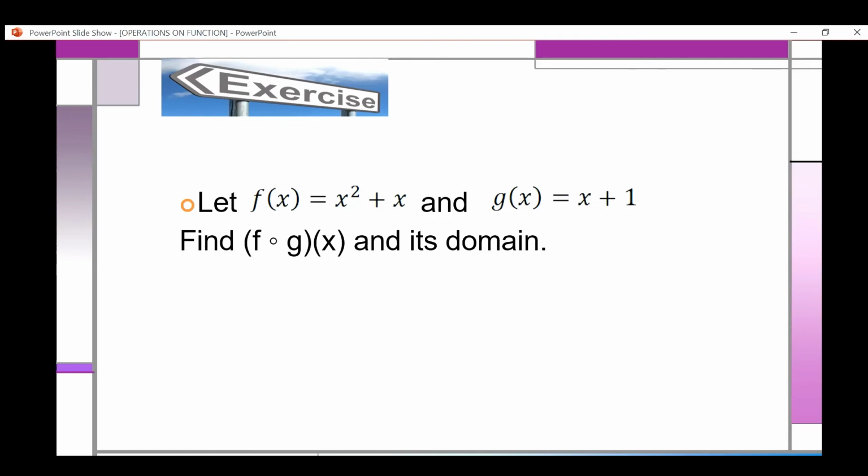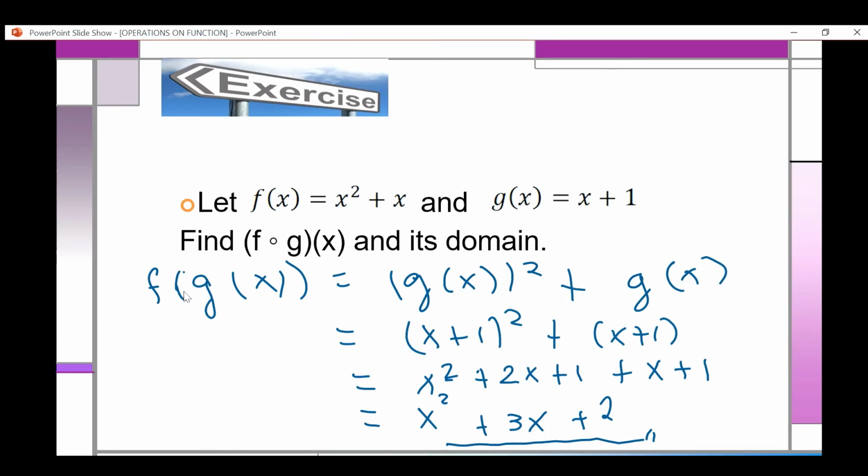Okay, so the answer is f of g of x. So yung f of x natin, class, okay, so nandito tayo sa pattern ni f of x. Ipapasok natin si g of x kasi siya yung i-compose natin. So, x squared plus x, so pwede na natin gawing g of x squared plus g of x.